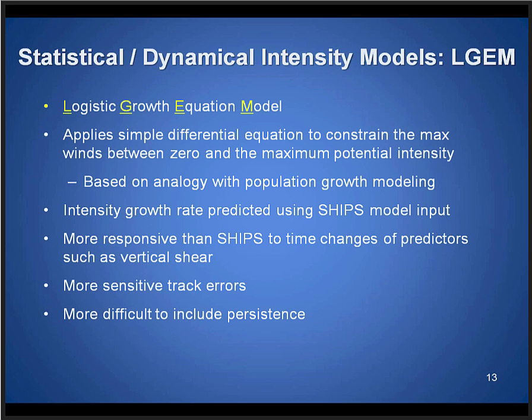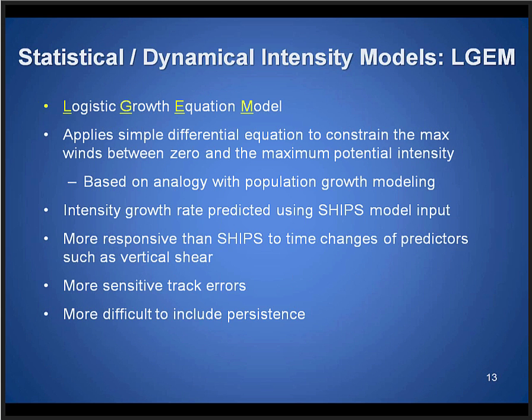So about a decade ago, a different flavor of statistical model was developed. Instead of a multiple regression approach, it was a logistic growth equation model. And the analogy is that this is similar to how population growth modeling is done.